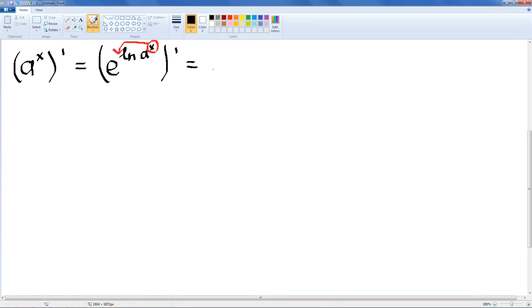And so we get the same thing, right? Because the derivative of e to the power of something is that same thing, so it's going to be e to the x ln a. But we also have to multiply by the derivative of the inside function, so it's going to be times the derivative of x ln a.